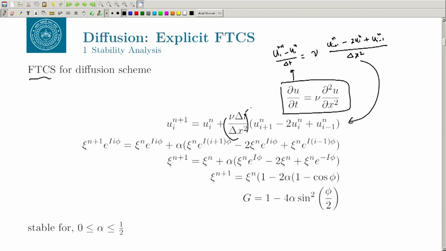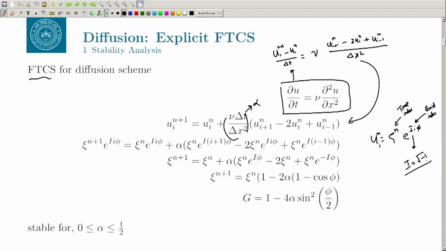Take this as alpha, and then use the form u equal to g to the power n e to the power I phi, where this small i is the grid index, and this n is the discretization time, you can call it the time index, and this capital I is the square root of minus 1.